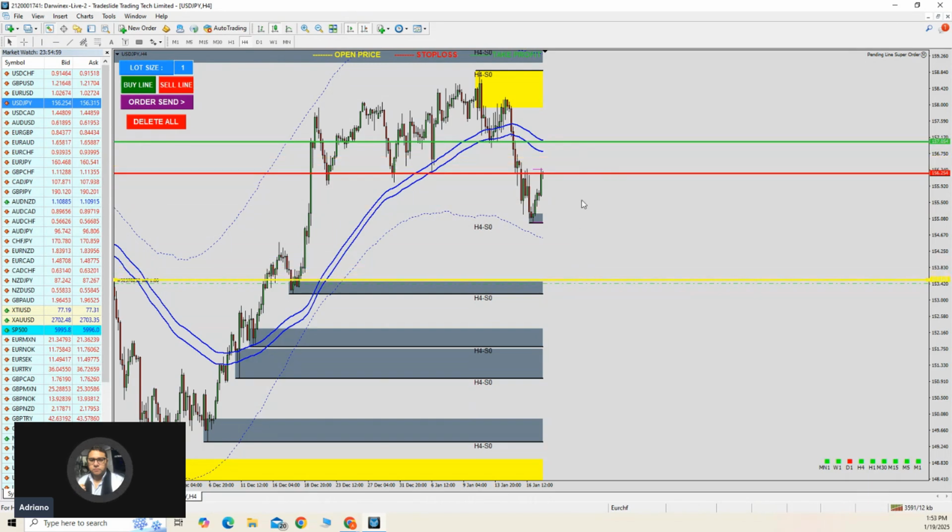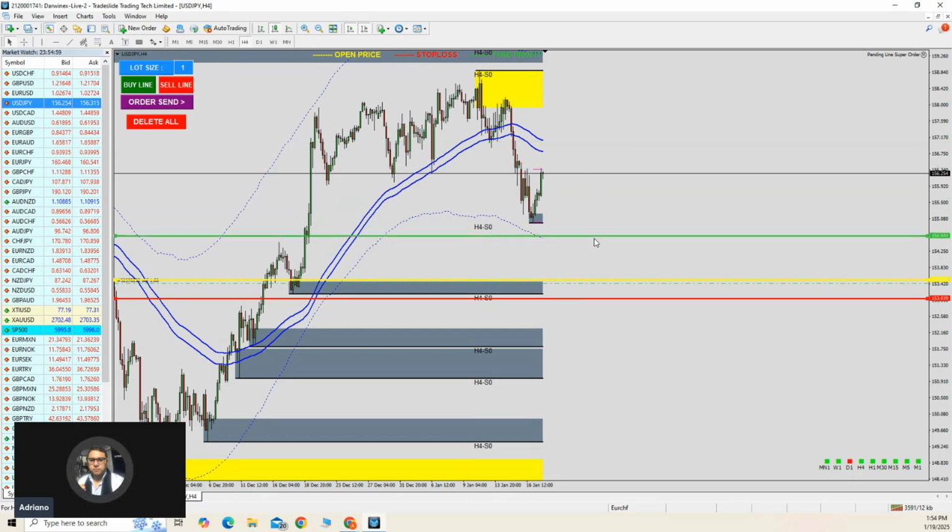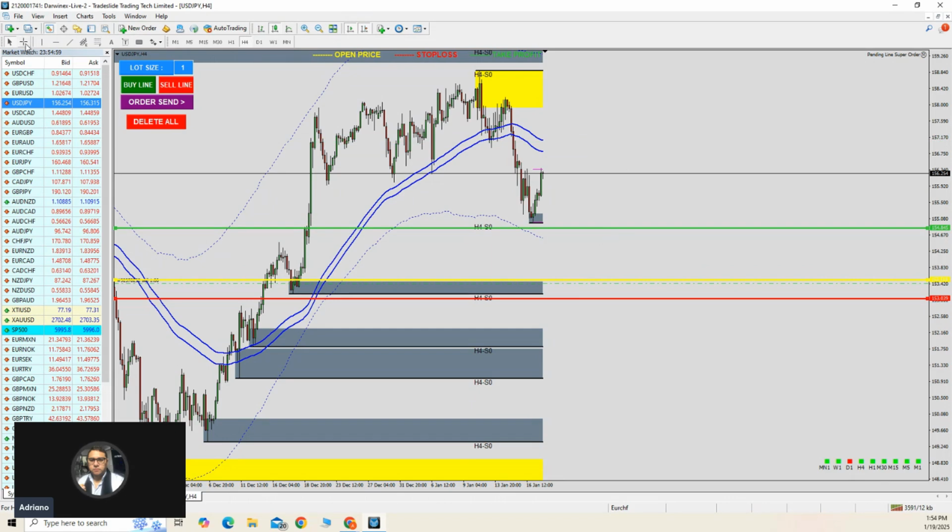So your entry price is going to be a few pips above the zone. Stop loss is going to be a few pips below the zone, in case the spread gets a little bit crazy, and then your profit targets are going to be three times, four times more than the risk.